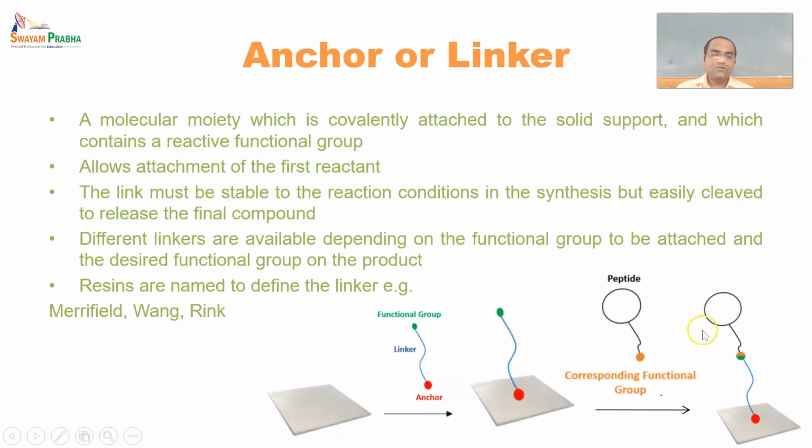Now there is formation or coupling of the peptide until the desired product has been formed. So these steps are repeated. This peptide will again have a functional group somewhere, and it will couple with the next amino acid.